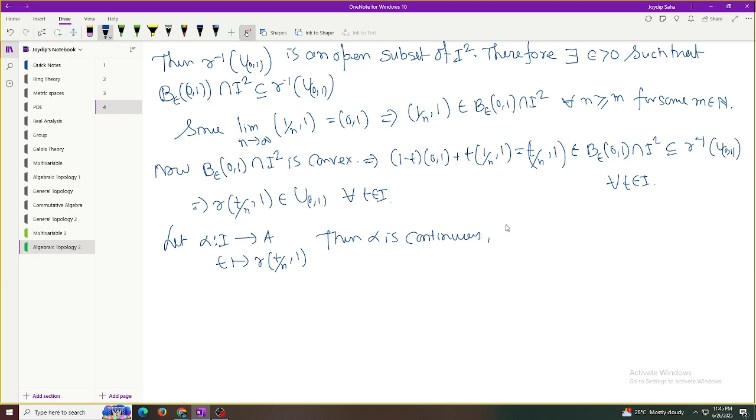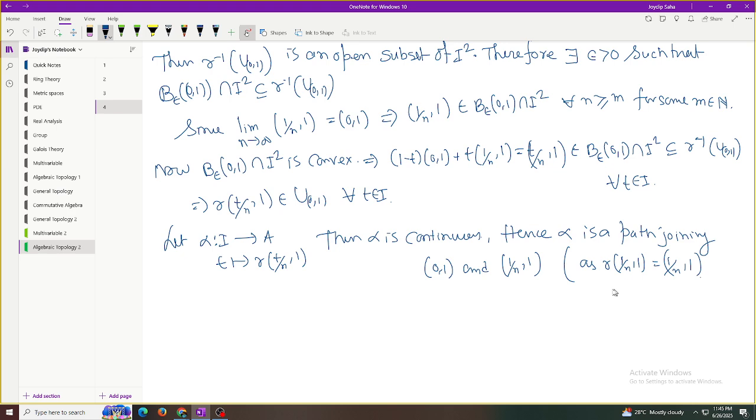Hence alpha is a path joining (0,1) and (1 by n, 1), as R(1 by n, 1) equals (1 by n, 1), because (1 by n, 1) belongs to A.